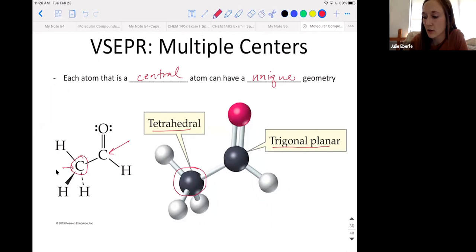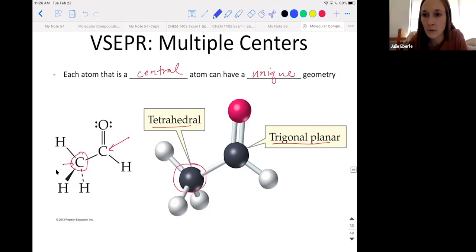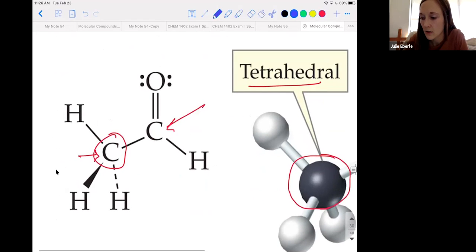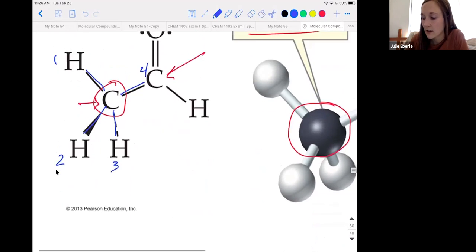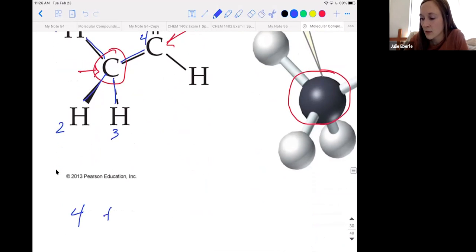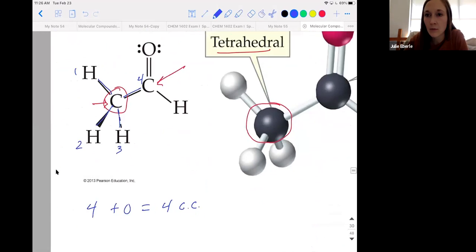So let's count the bonded atoms on this carbon. 1 hydrogen, another hydrogen, another hydrogen, and this carbon, they're all bonded to that initial first carbon. So that is how we got 4 bonded atoms plus 0 lone pairs adds up to 4 charge clouds, and that is how they named it tetrahedral.